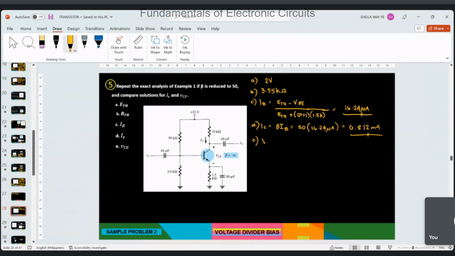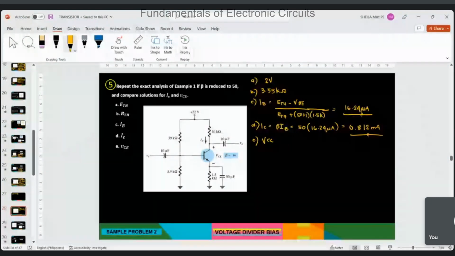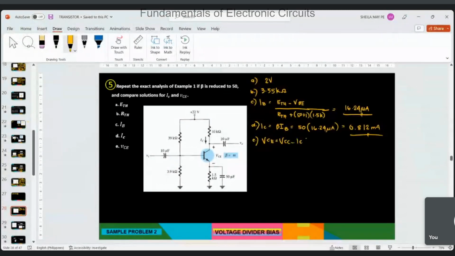We have our VCE. VCE would be VCC minus IC times RC plus RE. So this would be 22 minus 0.812 milliamperes times RC, which is 10K, plus RE, 1.5K.